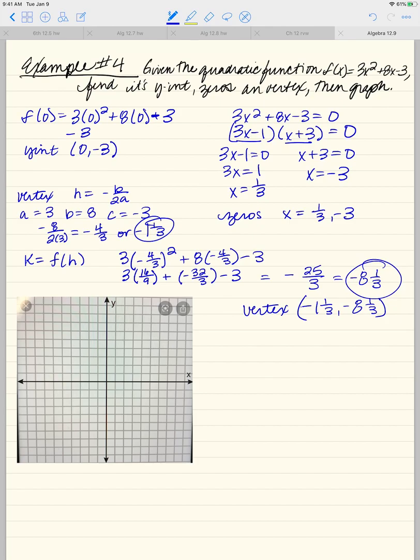So here's negative 1 1/3, all the way down 1, 2, 3, 7, 8. So here's our vertex about right here. And our zeros are where our graph crosses the x-axis. So that is at (negative 3, 0).